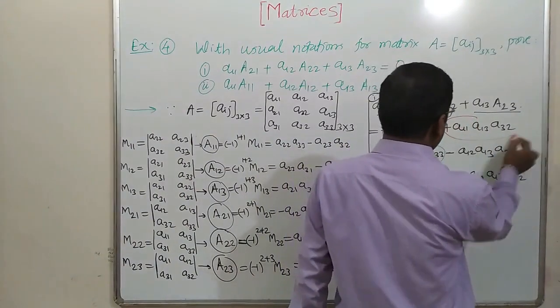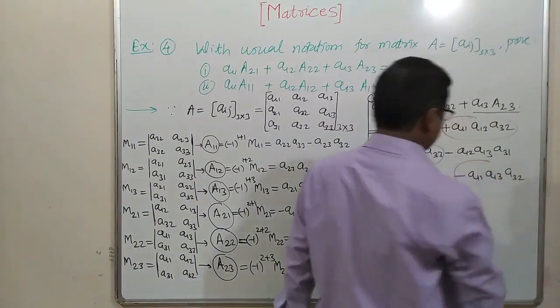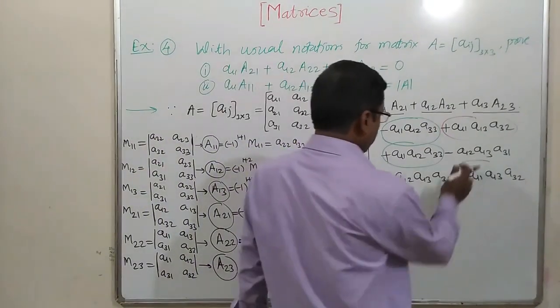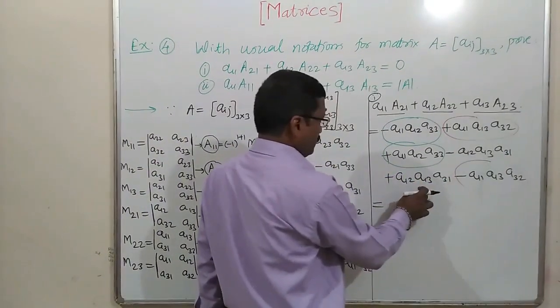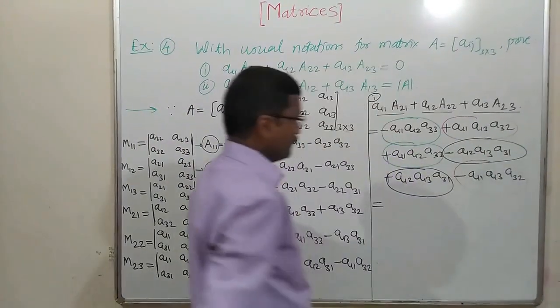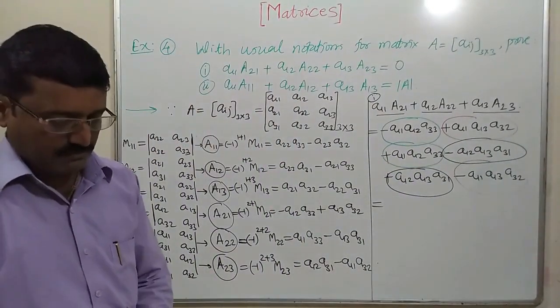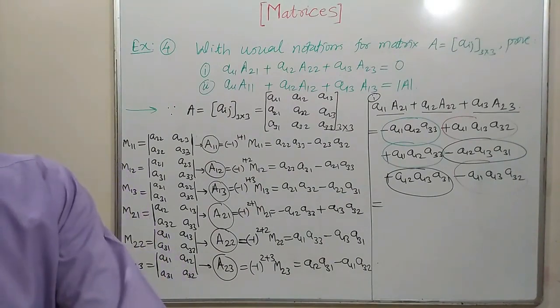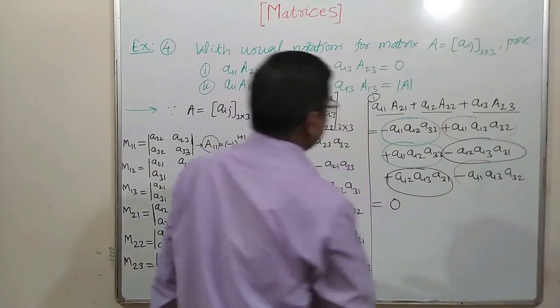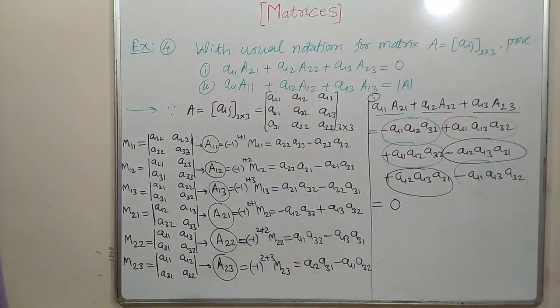So these two get cancelled. This cancels with this. So we get the third. And if you observe these two elements, a12, a13, a31 and a12, a13, a31, they get cancelled with each other because both have negative signs. So in this way, each term gets cancelled and the answer will be 0. This is the proof of the first part.